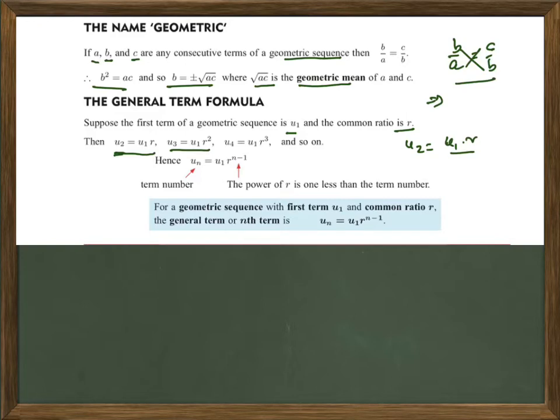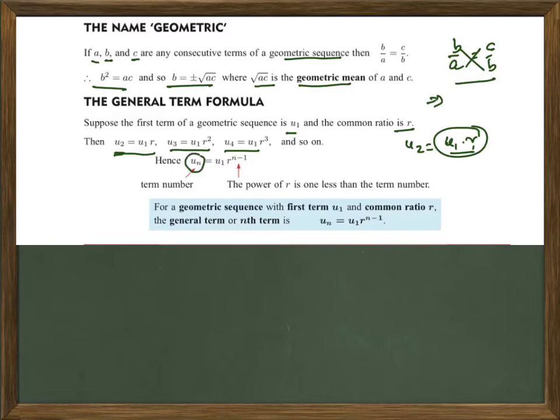U3 equals U1 into r squared, because we multiply the second term by r to get the third term. Similarly, U4 equals U1 into r cubed, and so on. So how can you find the general term Un?